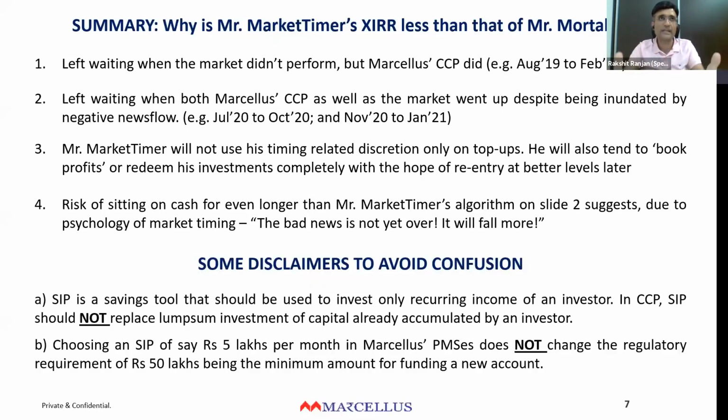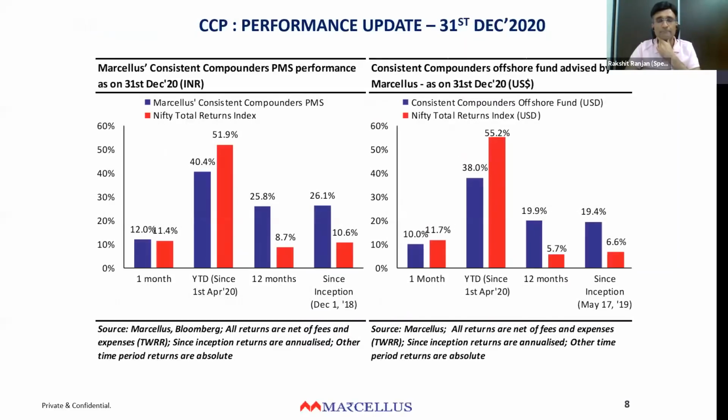So we are not indicating that if you choose SIP at Marcellus, you can fund your account with a 5 lakh first installment. No, if you choose it, even then you will have to go for 50 lakhs to begin with, and top-ups can be 5 lakhs, right? A minimum, etc. Or in SIP, it's actually a minimum of 2 lakhs on a monthly basis. So that's all there is to it.